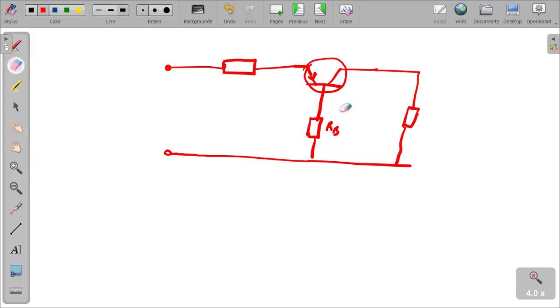Okay, that marks the load resistance there. So label this RL, and apparently this is the V out regulated.